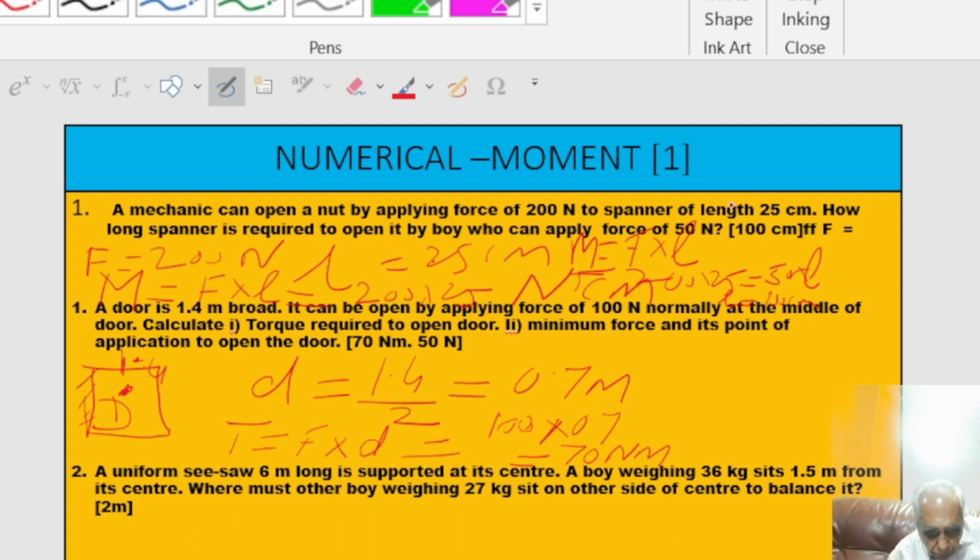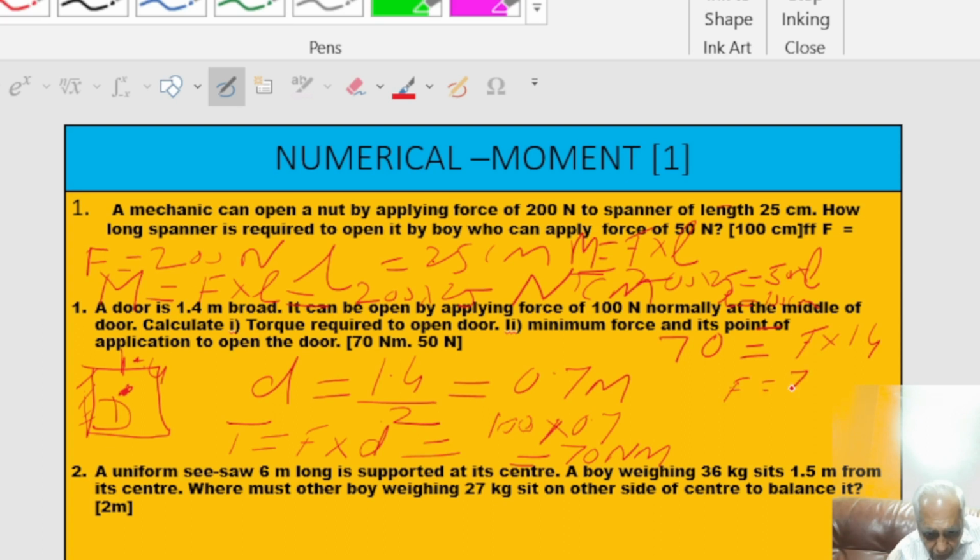70 is equal to force, which I don't know, multiplied by the distance 1.4. Therefore F is equal to 70 upon 1.4.